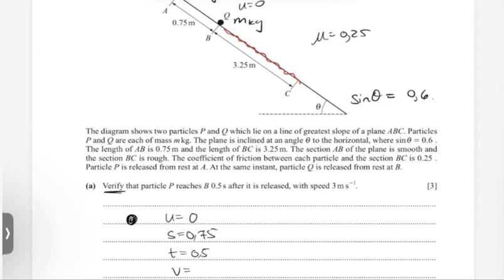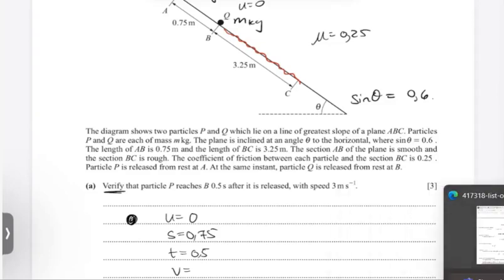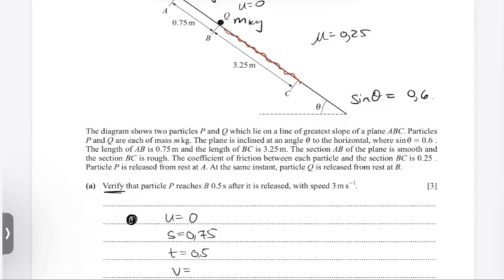So I'm just quickly going to go to my equations of motion. I've got S is equal to half (U plus V) times T. If I look at this, I've got 0.75 times 2 divided by 0.5, and that gives me a velocity of 3 meters per second.